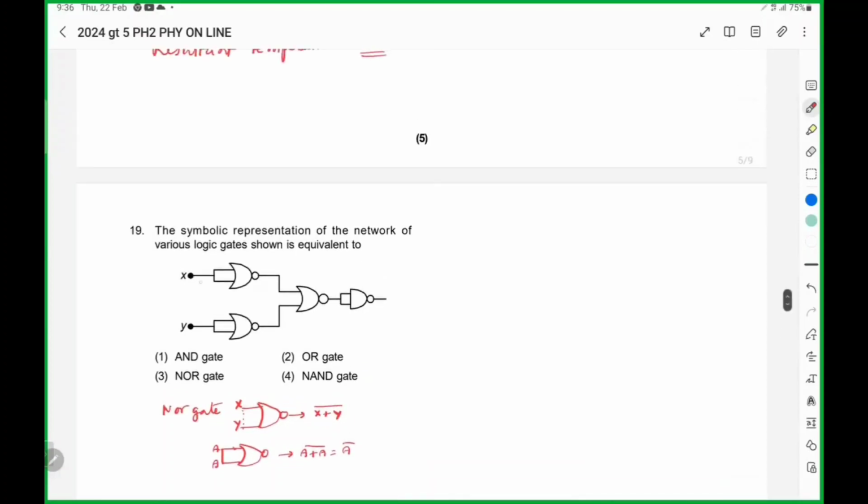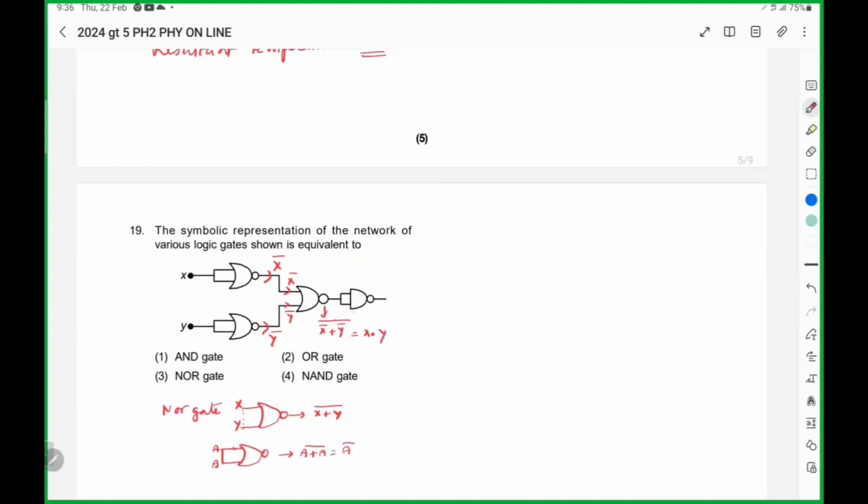So here is the input signal. The output signal will be its negation. Here it will be its negation. So that is x plus, negation will be dot y.